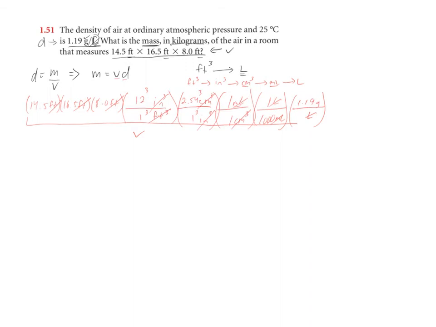My next step is to get grams into kilograms. This is essentially my density, and that's going to give you your mass. So for every 1,000 grams, I've got 1 kilogram.